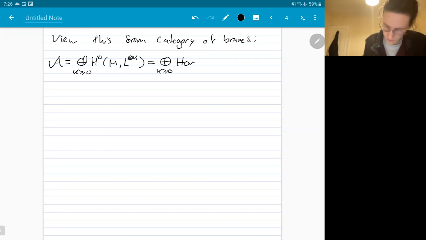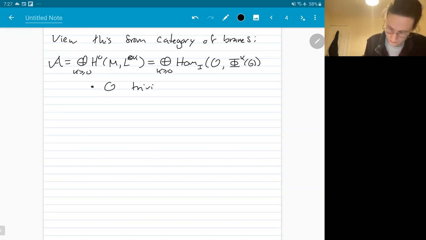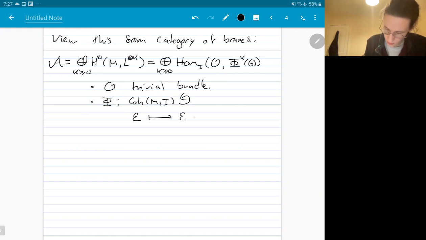As homomorphisms in the category of coherent sheaves from the trivial bundle to another bundle, which I'll call phi^k of O. Here, O is the trivial bundle, and phi is a functor from this category to itself. What it does is it takes any coherent sheaf and tensors it with L, so that this thing here is really equal to L to the kth power.